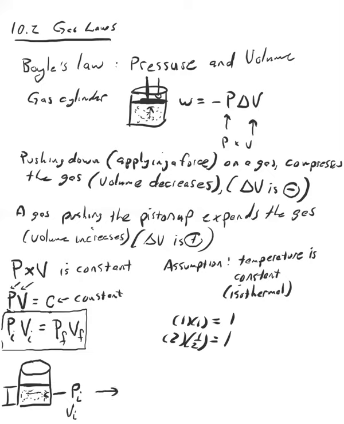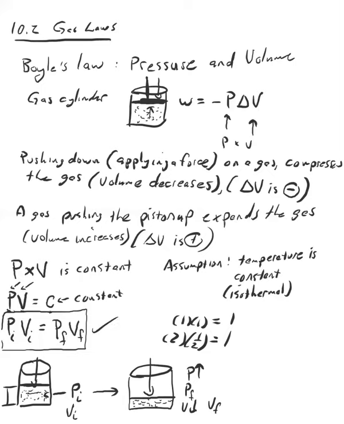If you change the pressure, so let's say the pressure is bigger, so I push down on it even harder, the volume is going to get smaller. So if P went up, you now have P final. V had to go down, and you've got V final, right? So volume is smaller if you're applying more pressure to the gas. So that's your Boyle's law right there.